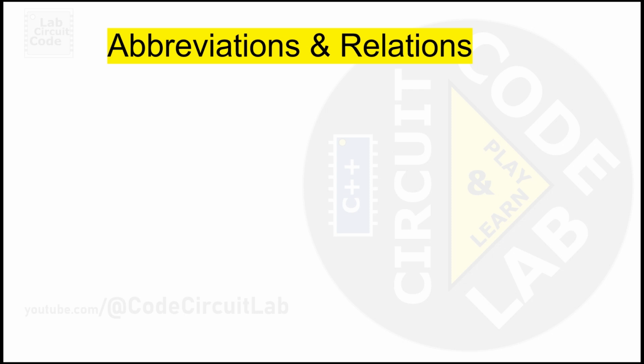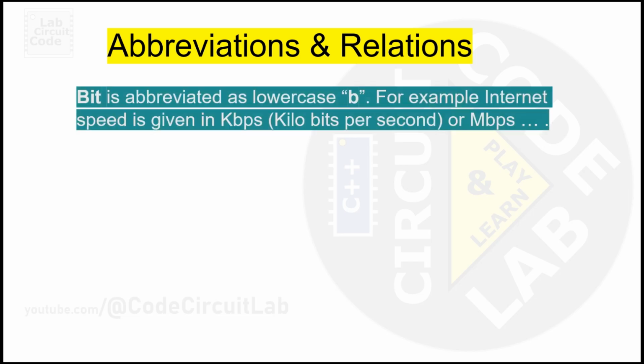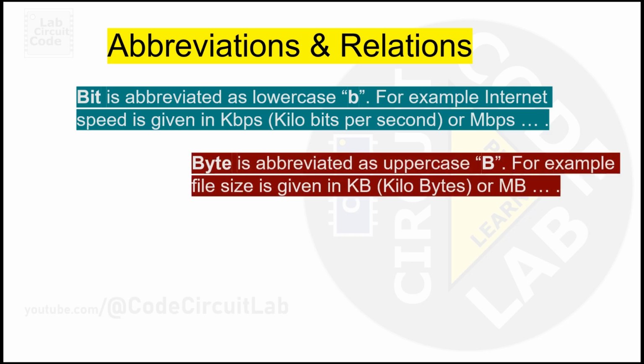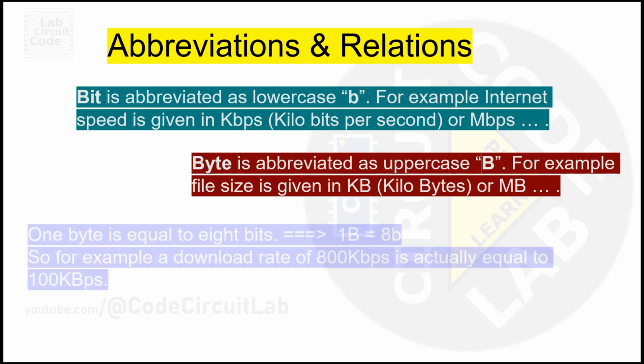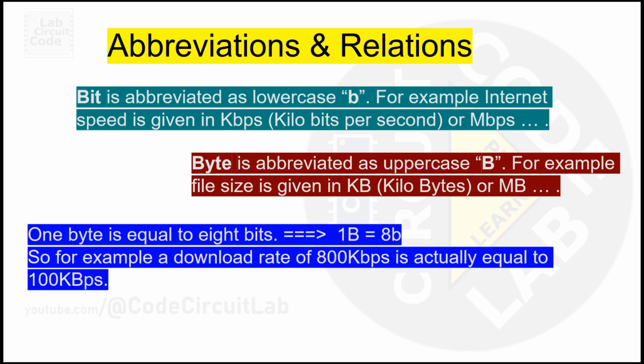Abbreviations and relations. Bit is abbreviated as lowercase b. For example, internet speed is given in kilobits per second or megabits per second and so on. Byte is abbreviated as uppercase B. For example, file size is given in kilobytes or megabytes. 1 byte is equal to 8 bits.